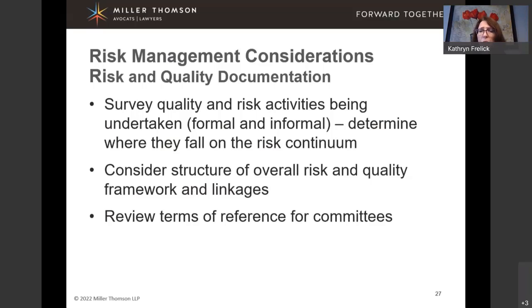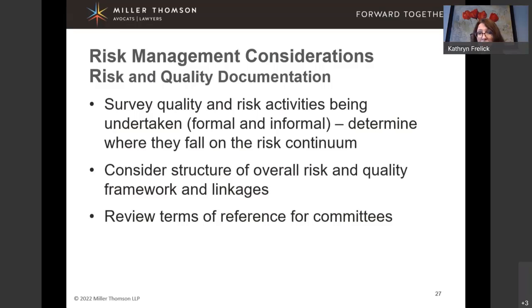In terms of a larger framework within the organization, I recommend that you survey the quality and risk activities being undertaken, both formally and informally, and determine where they fall on the risk continuum. If you are relying on a legal privilege, or on QSIPA, or an exemption under FIPA, consider the structure of your overall risk and quality framework and any linkages between the organizations.